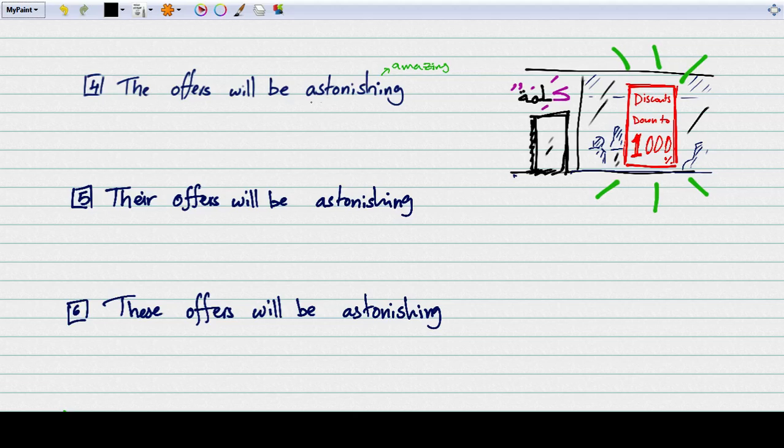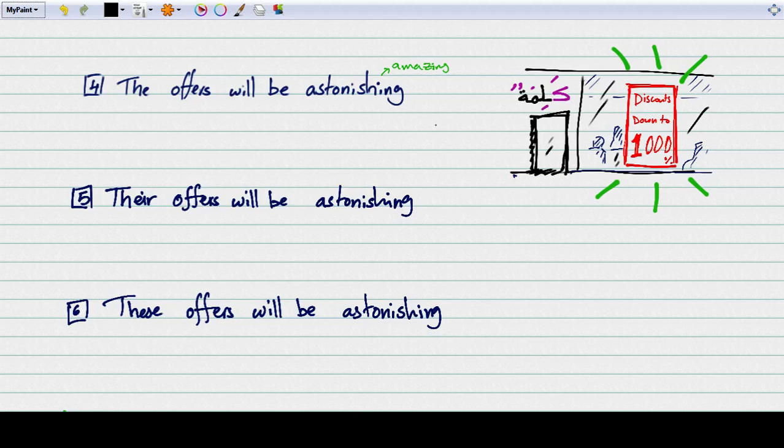In this case I just wrote astonishing because that's the word I'm gonna use in Arabic, the closest to it. The offers will be astonishing. So yeah, something like 1000%, that's astonishing. Of course in kalima we always have that, home language. It's like I'm always giving you this discount, always. Okay, the offers will be astonishing.